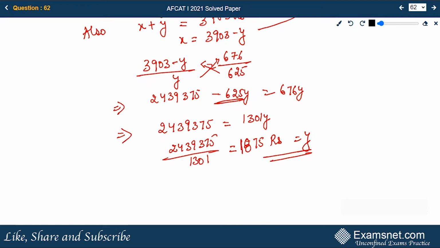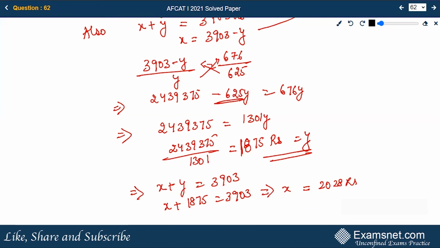The y value came out to be 1875. So what will be x? You know, x plus y was equal to 3903. Y we calculated, it is 1875, which makes x equal to 2028 rupees.